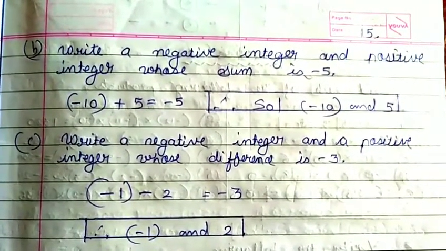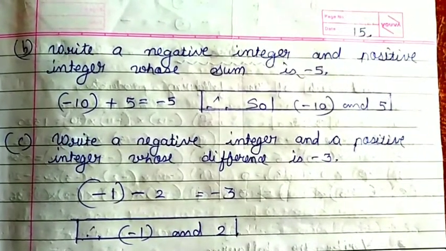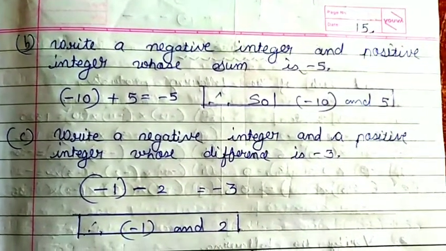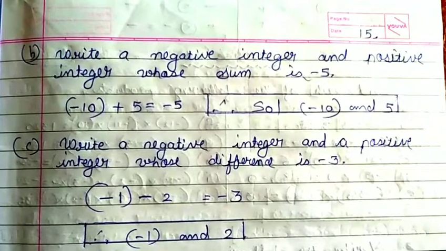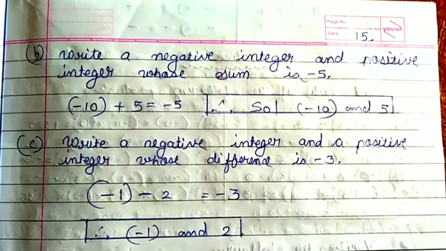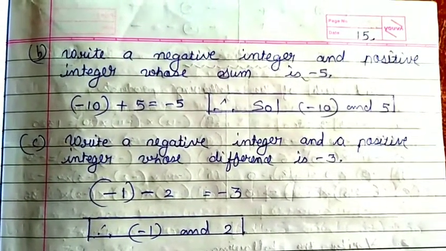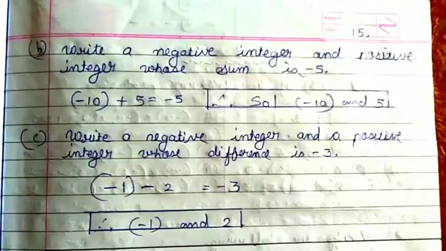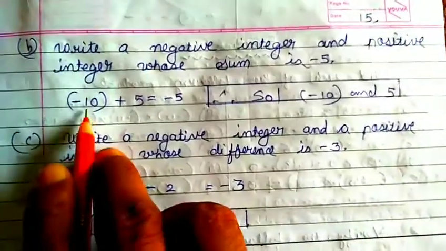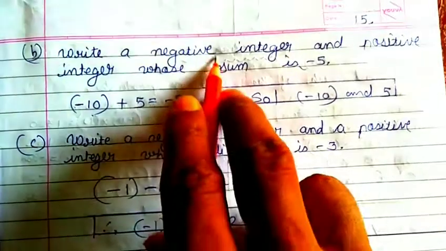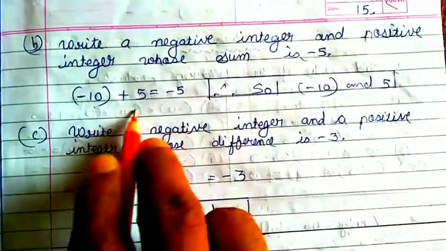Write a negative integer and a positive integer whose sum is minus 5. Means you have to take one negative integer and one positive integer to bring the sum of both to negative 5. So I had taken negative 10 and positive 5.